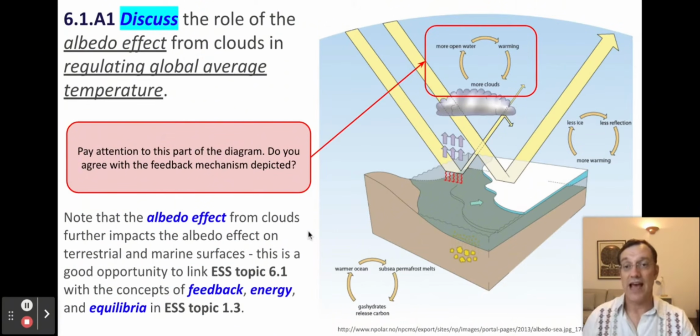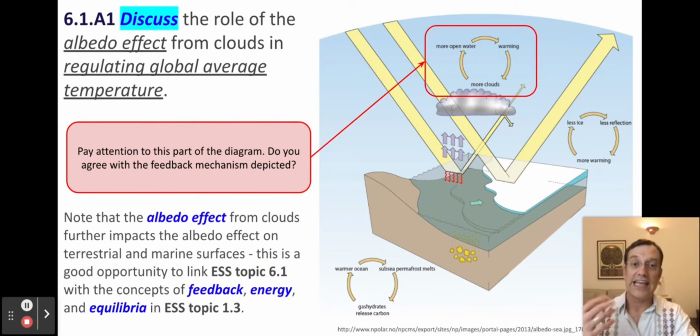So you may be asked to discuss the role of the albedo effect from clouds in regulating Earth's temperature. Right? So in this mechanism right here, you see the incoming solar radiation strikes the light-colored snow and ice, and most of it is reflected. Right?